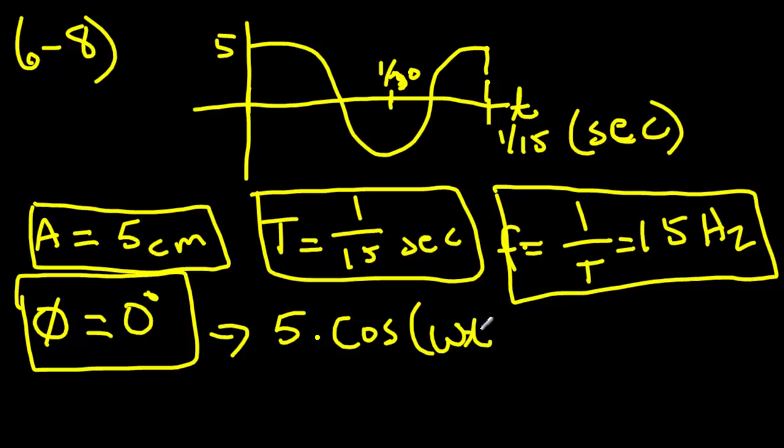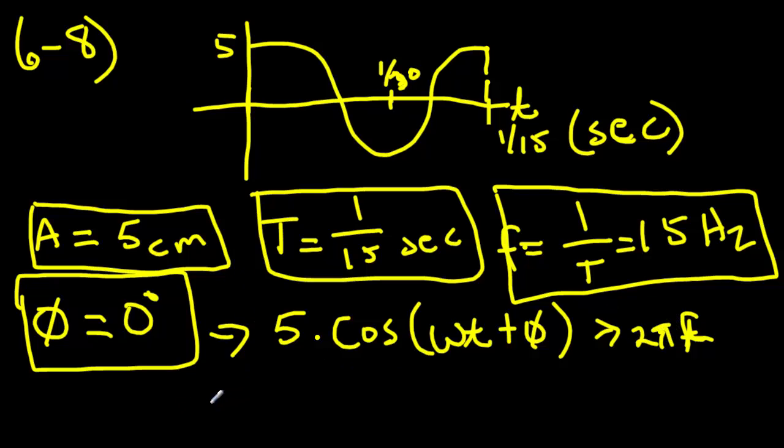Omega t, which is a function of time, that's our variable, plus our phase angle. And so omega, like we said before, is equal to 2 pi times our frequency, so 2 pi f.